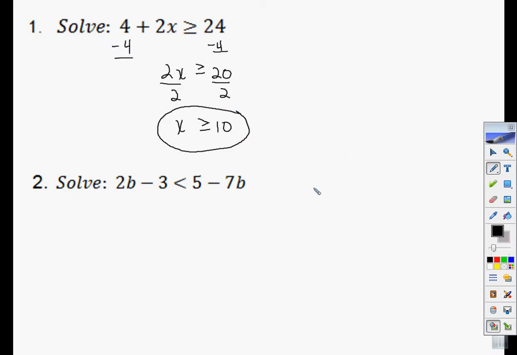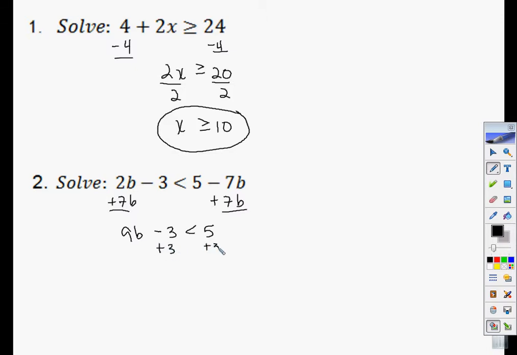Example 2 of a multi-step process. All the variables are not together on one side. So we're going to have to, first of all, collect the variables on one side. So we could add 7b to both sides of the inequality sign. And that gives us 9b minus 3 is less than 5. And then to further isolate that variable, let's add 3 to both sides.